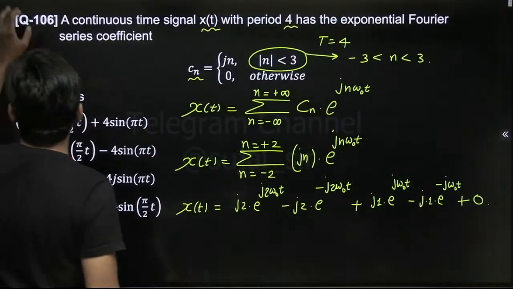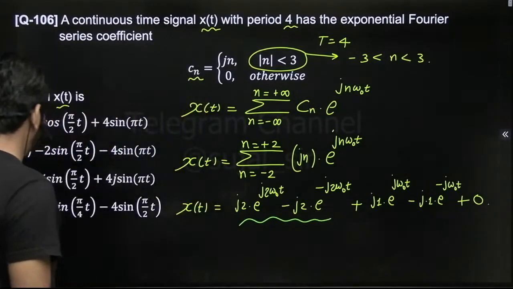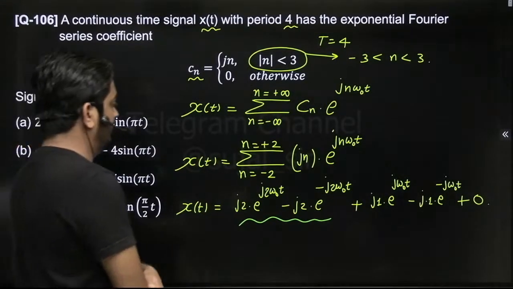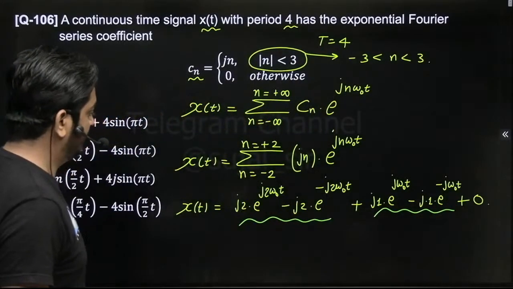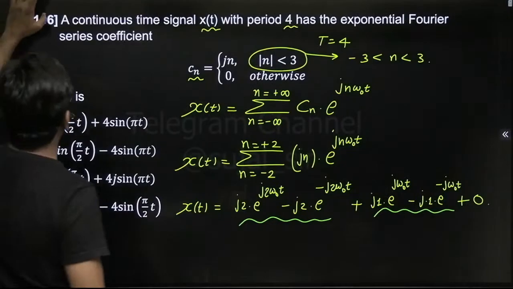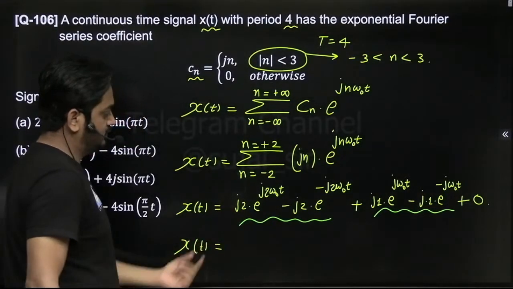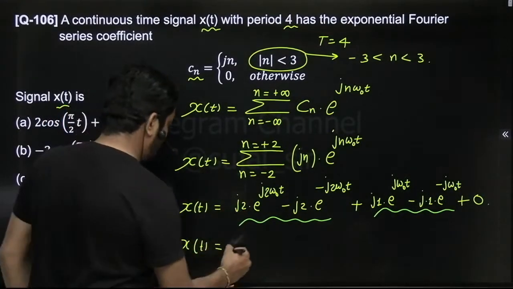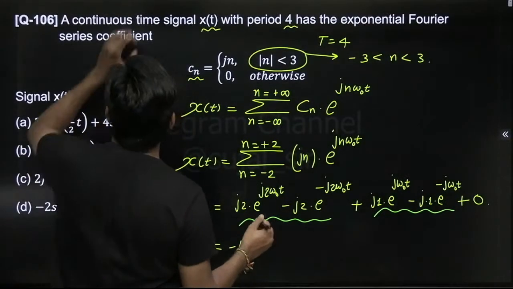Correct. Now this will give you a sine function, guys. Divide by 2j and multiply by 2j, and here also divide by 2j and multiply by 2j. So sine function. So x of t will be, if you multiply with 2j, 2 into 2 is 4, j into j is minus, so minus 4, and this is nothing but sine 2 omega 0 t.